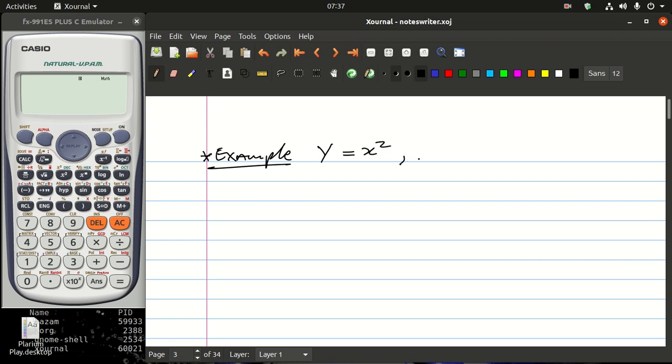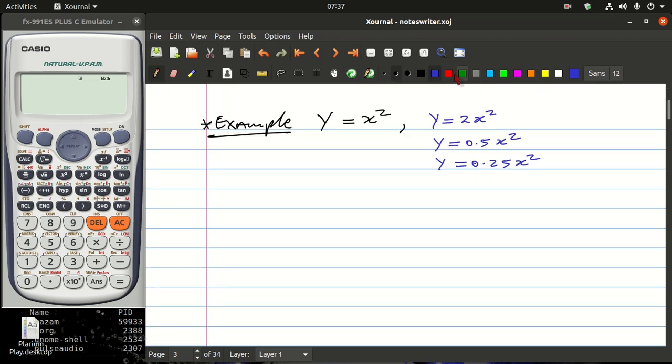And then y is going to be equal to 2 times x squared. No, we have 2x squared. I want us to have y is equal to 0.5x squared. And then y is equal to 0.25x squared. Those are the examples that we'll take a look at.